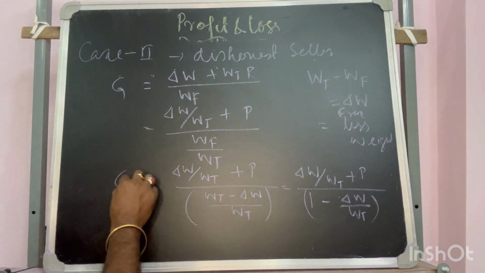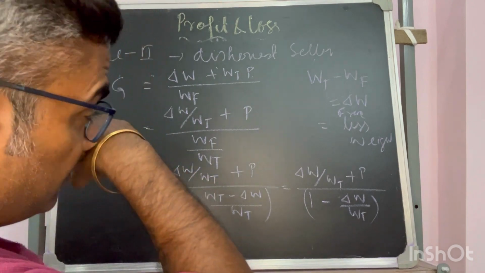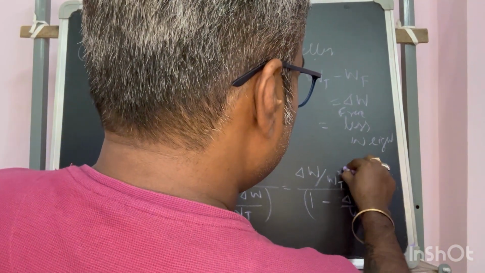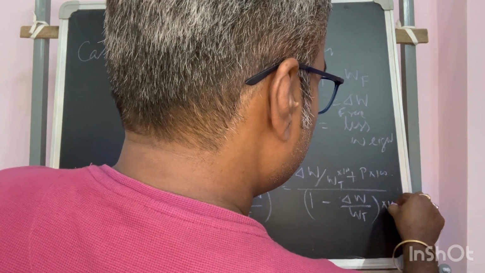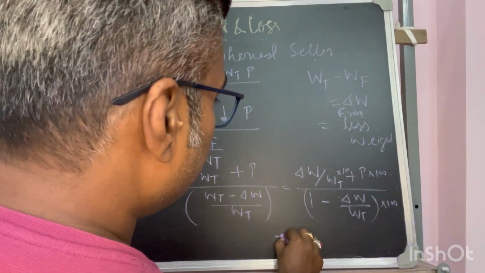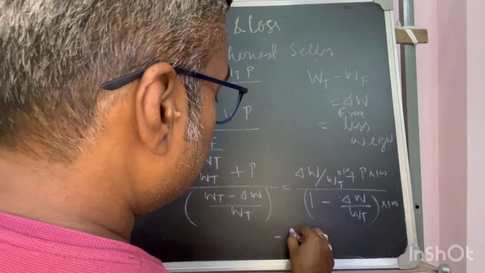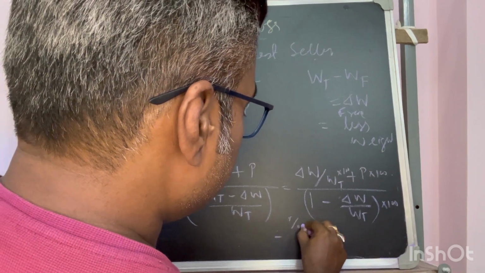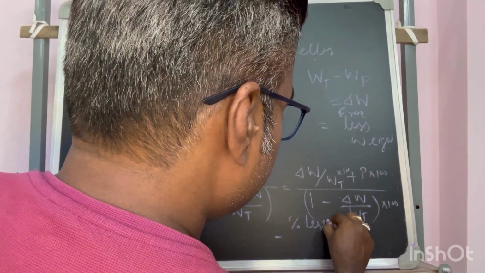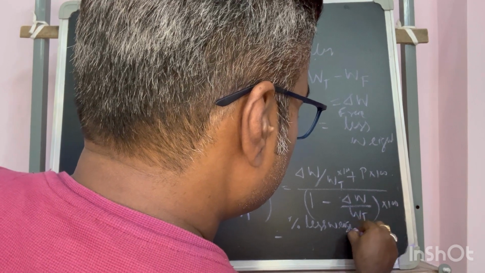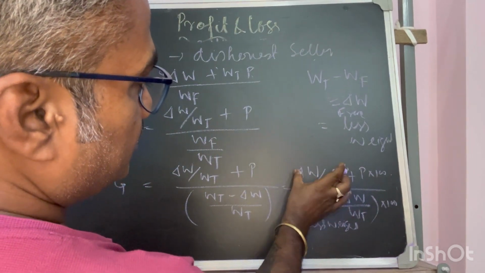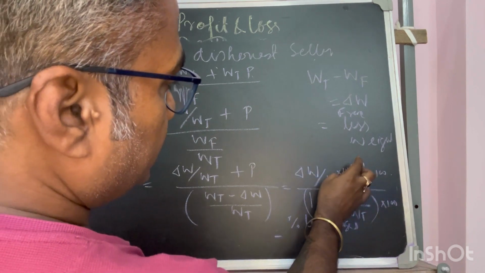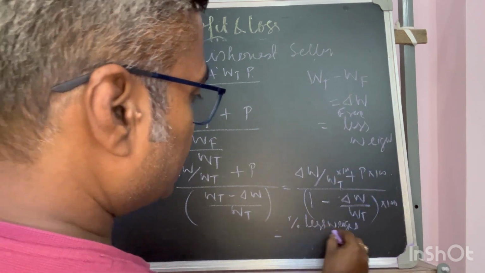So this is gain. Now if I multiply numerator and denominator with 100, if it is the fraction, then we can say it is the percentage less weight. The first one, Wt by Wt, is the fraction of weight that is being lost, and into 100 it will turn into the percentage.